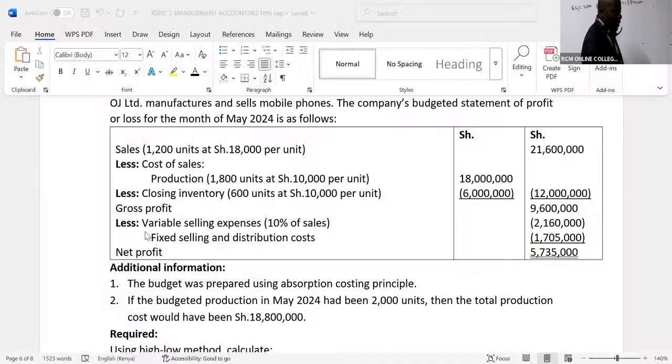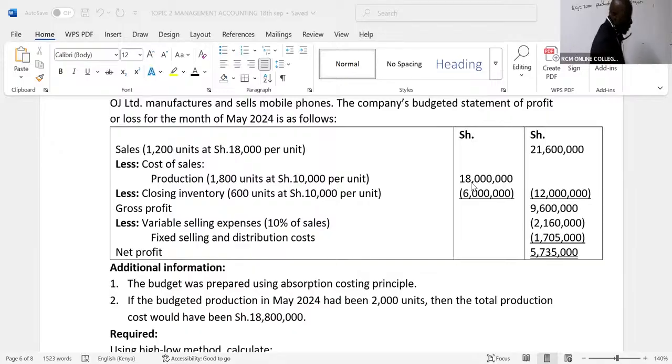So if you look at this question, there is a place they're telling you production, cost of sales. Are you able to see production? How many units? What is the production cost there? 18 million. Because production cost is related to the number of units that you produced in the period. That was the trick there.